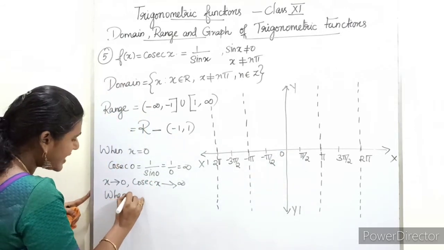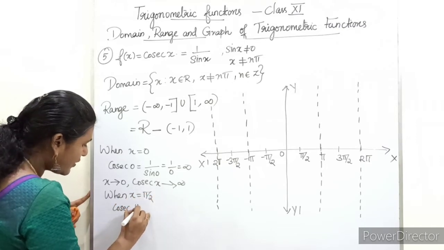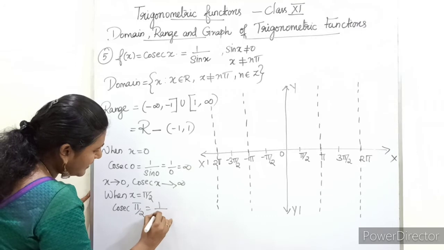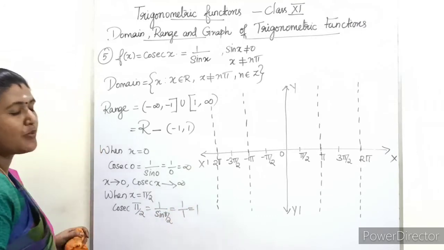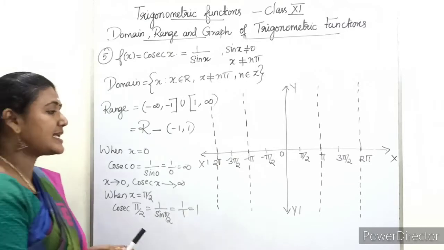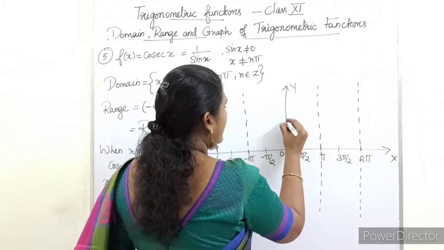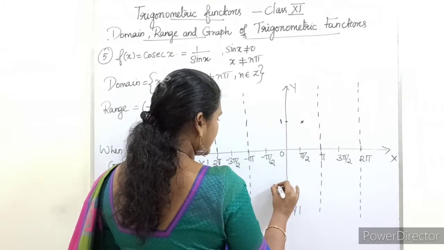So cosec pi by 2 is equal to 1 by sin pi by 2. That is sin pi by 2 value is 1. That is 1 by 1 which is equal to 1. So at this angle pi by 2, the value of cosec x is 1. So this is 1 and this is minus 1.